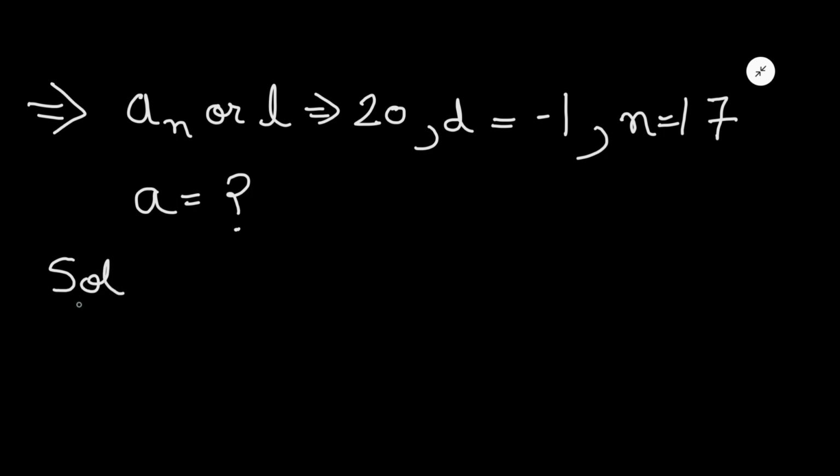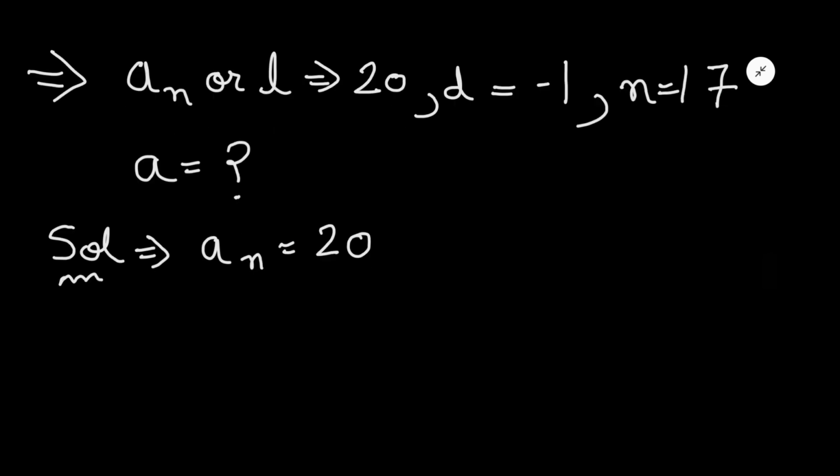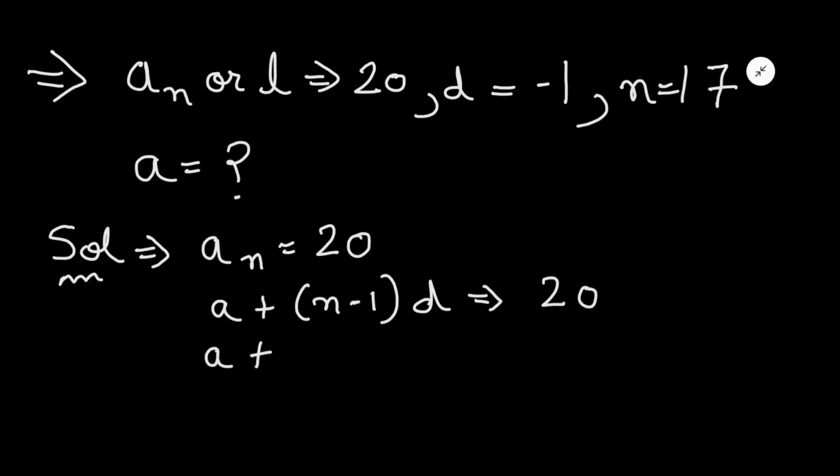So the solution of this example is, as the nth term is given as 20, the formula for the nth term is written as a plus (n minus 1)d is equal to 20. The first term is what we have to find. So n is given as 17.